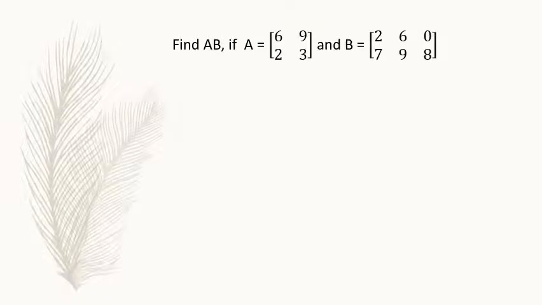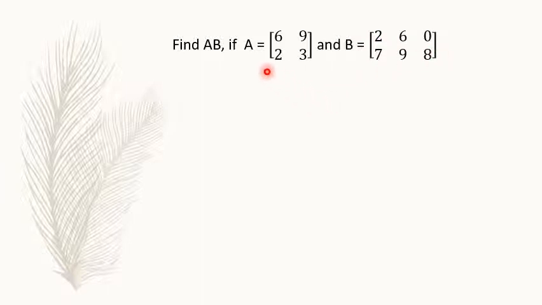Here, two matrices A and B are given. We need to find the product AB. First, we need to check whether the number of columns of A is equal to the number of rows of B. A has 2 columns, B has 2 rows.